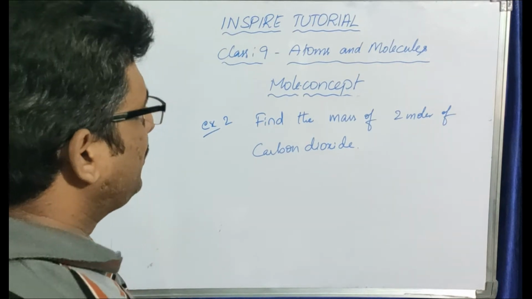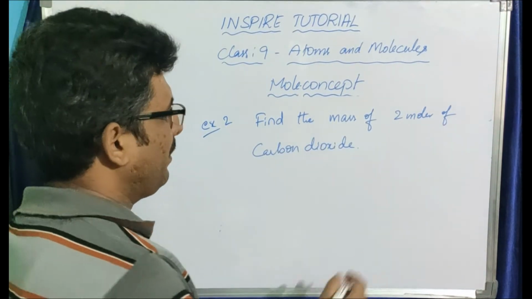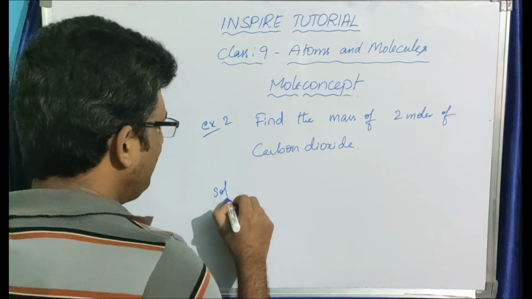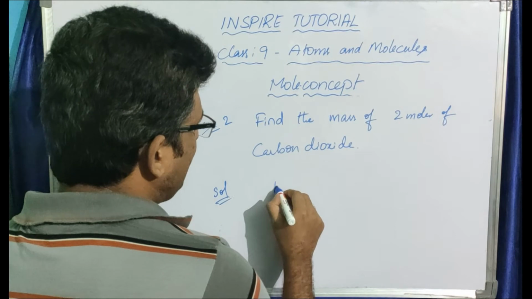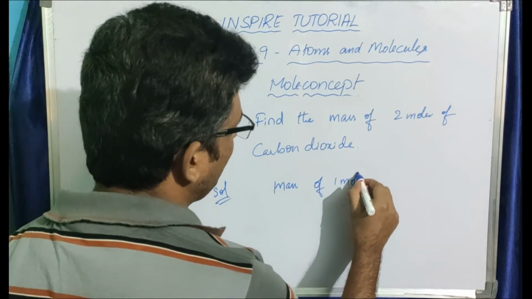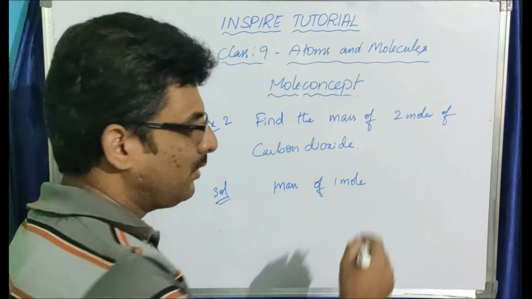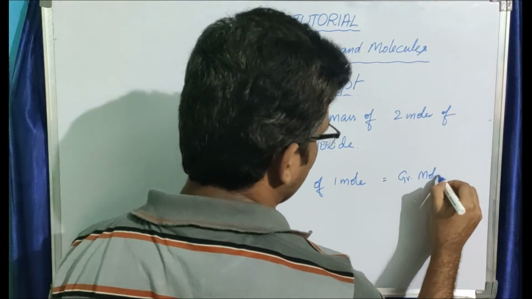Okay, so you are going to find the mass of 2 moles of carbon dioxide. As I told you already, the mass of 1 mole of a substance will be equal to its gram molecular weight.